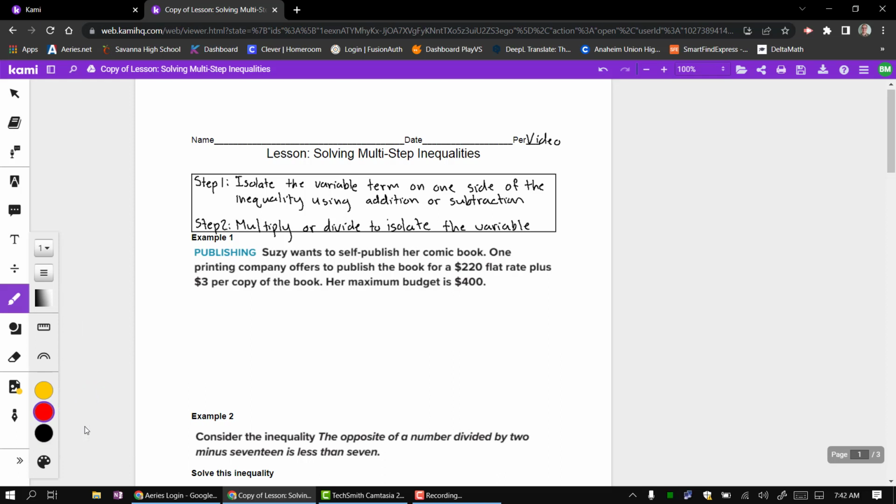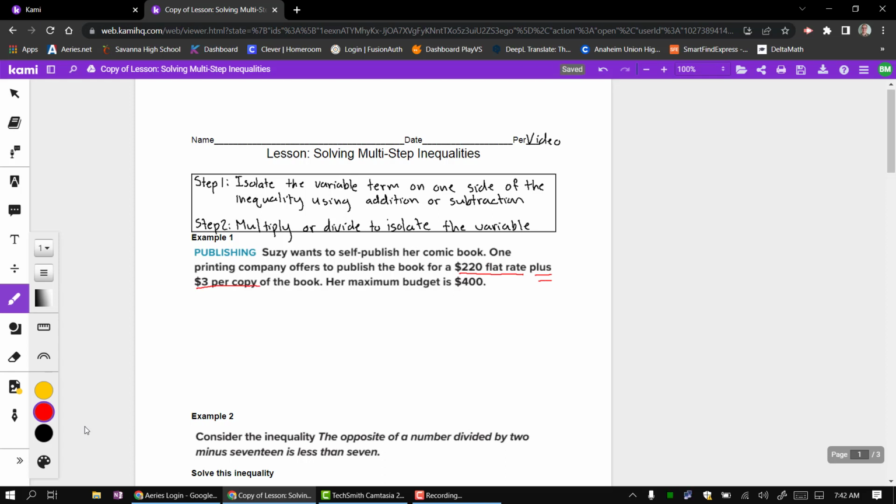Susie wants to self-publish her comic book. One printing company offered to publish the book for a $220 flat rate, plus $3 per copy of the book.